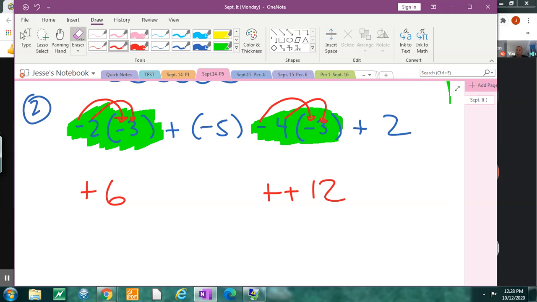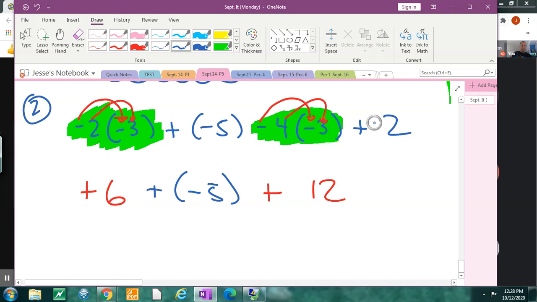Sorry, I put another plus. So then, what happens to the negative 5? You just drop it down. Don't do anything. Okay.